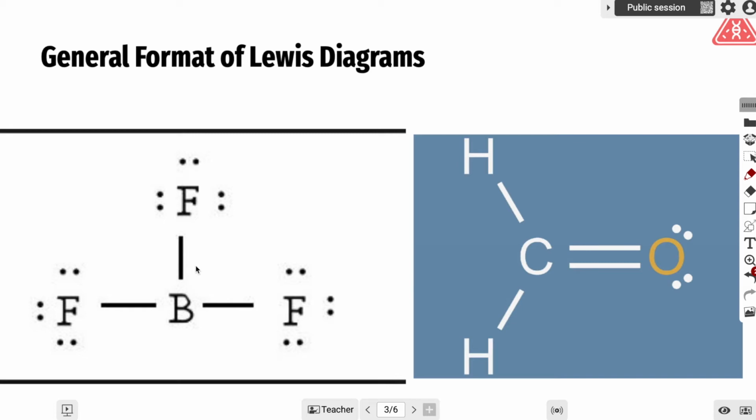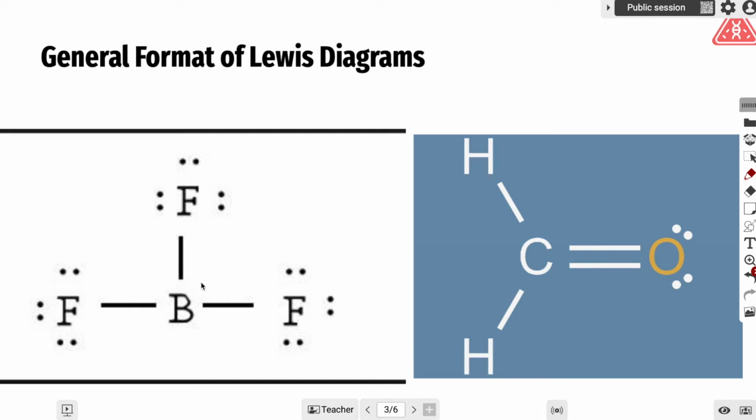Now, 2 takeaways I want us to consider from this image is, well, you might be asking, why is fluorine not in this central spot here? Why is boron there? Well, a general rule of thumb with Lewis diagrams is that the atom that is central is always the one that is the least electronegative. So again, keep in mind that the atom that is the least electronegative goes into the central spot.